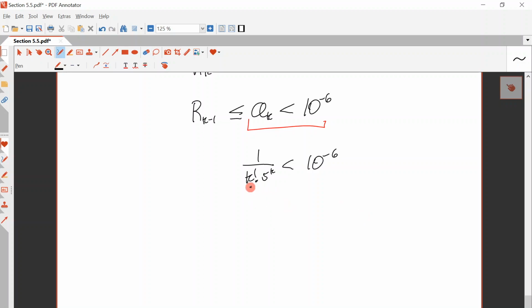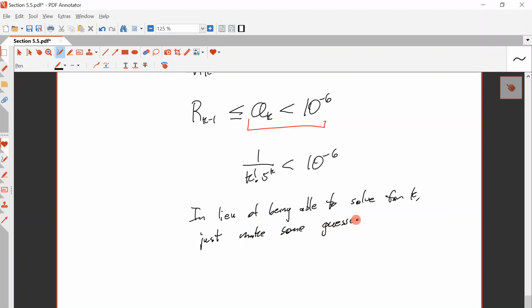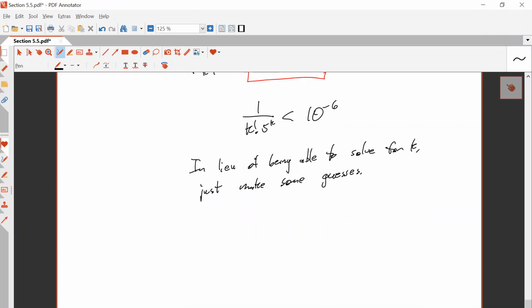So in lieu of being able to solve, just make a guess for k. So let's try, this is 1/1,000,000th, so we'll try k equal to 5.